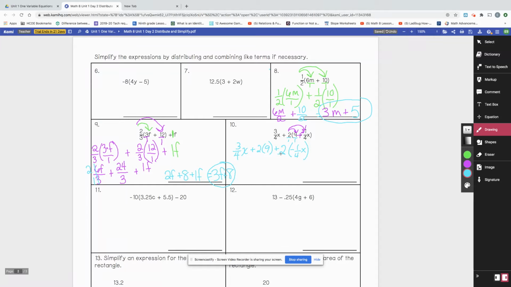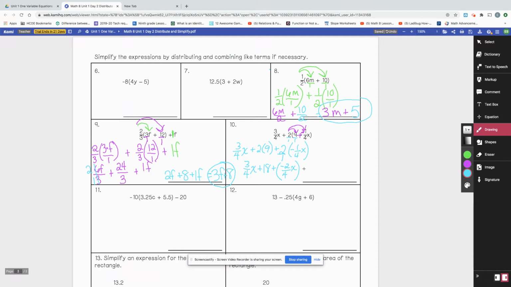All right, so here I could divide this 2 by 1 just to help me simplify this expression. I have 3/4 x plus 18 plus, now 2, and I see the negative 1. That's 2 times negative 1. So I'm going to put this in parentheses, a negative 2, and then in my denominator, 1 times 4, which is 4. And then I have this multiplication still by x, okay?